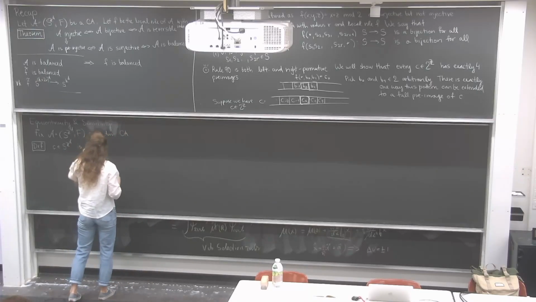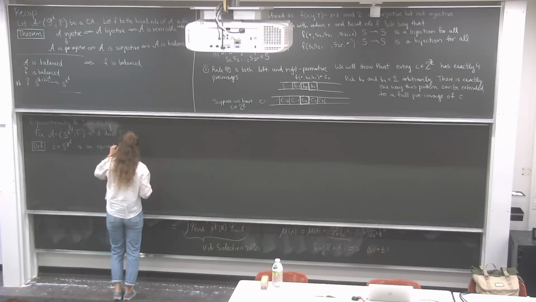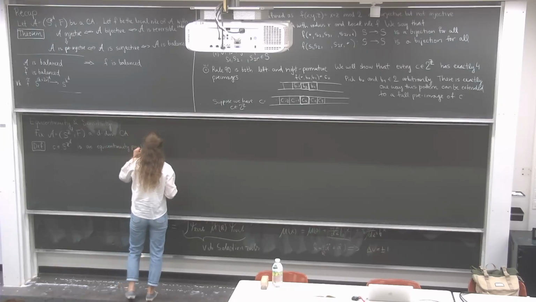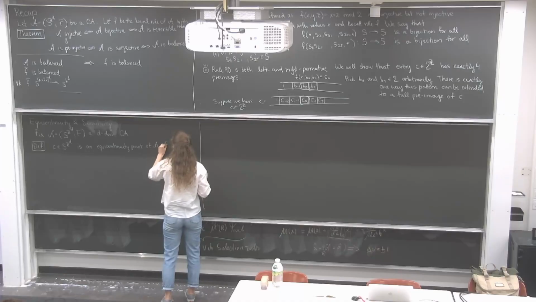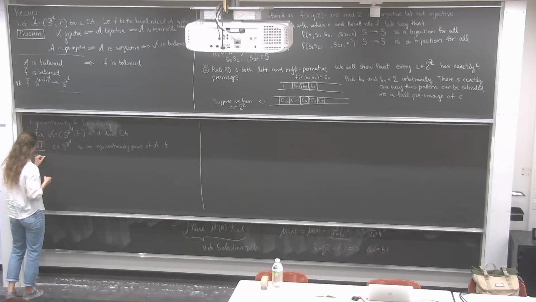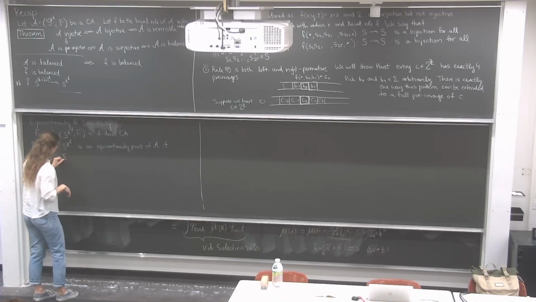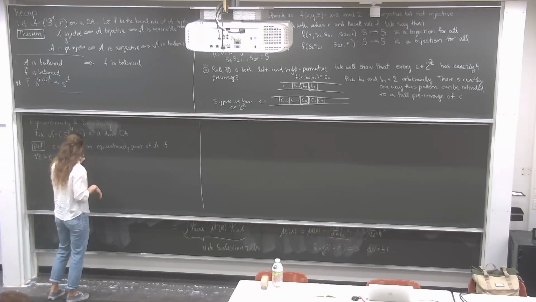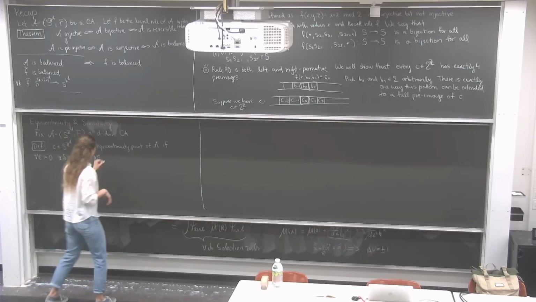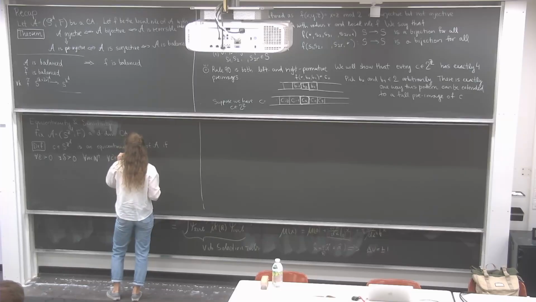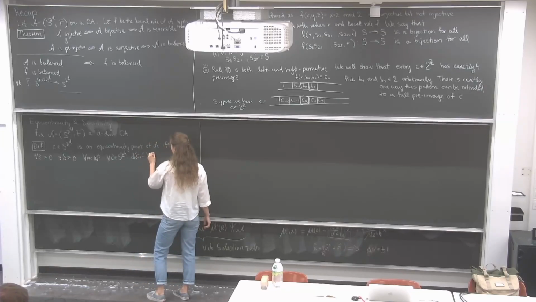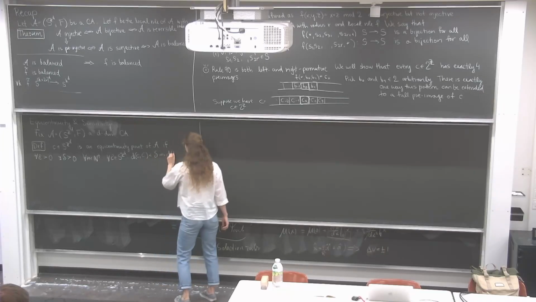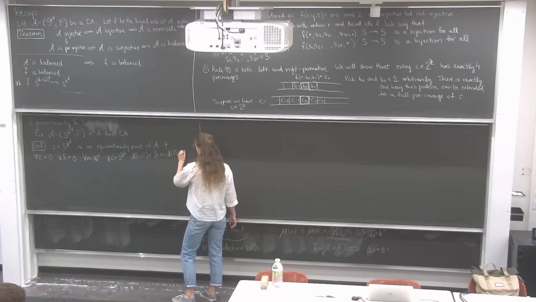So C is an equicontinuity point of A if for every epsilon larger than 0, there exists a delta larger than 0, such that for all iterations of f and for all configurations C prime, if the distance between C and C prime is less than delta, then the distance between the iteration f^n of C and f^n of C prime is less than epsilon.